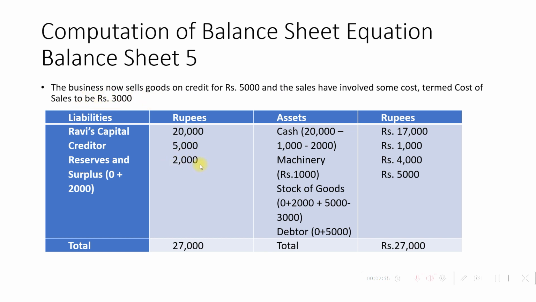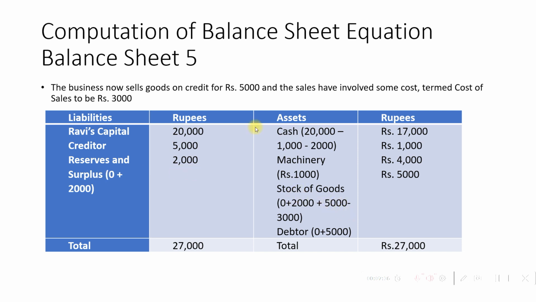So 2,000 is the net profit the firm has got, and we put it as reserves and surplus. So reserves and surplus goes up by 2,000, which is listed under liabilities and owner's equity.